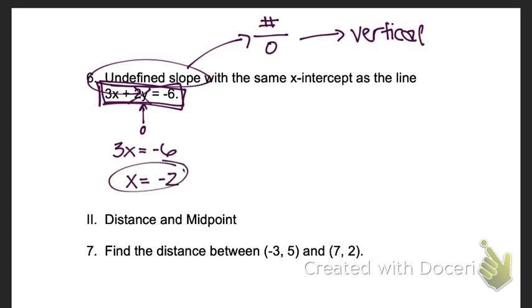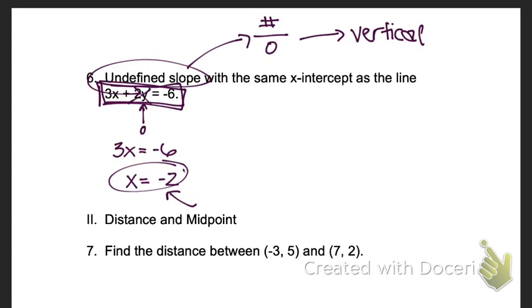Now, let's think back to the front page. We said a horizontal line has the equation what? Y equals. Now we're looking for a vertical line. A vertical line has an equation of x equals. Well, if it goes through that x-intercept, and it's the equation x equals.